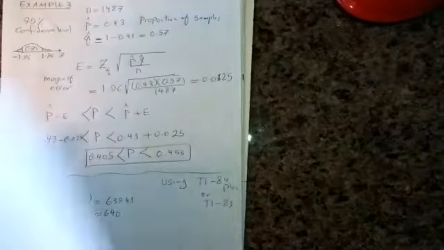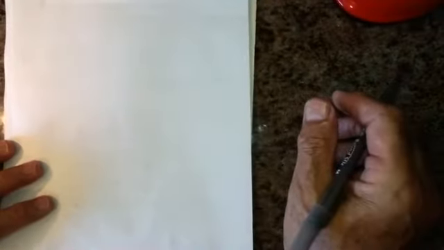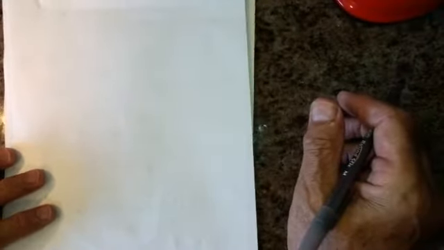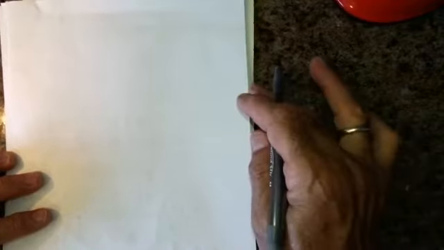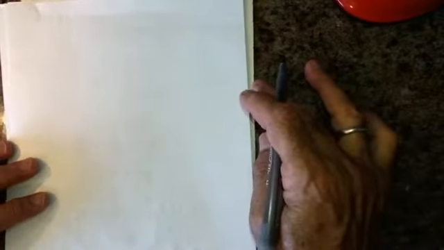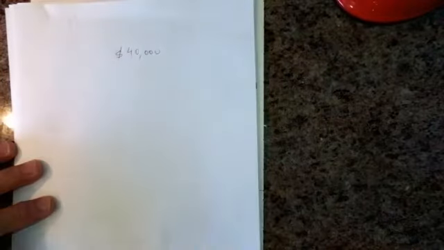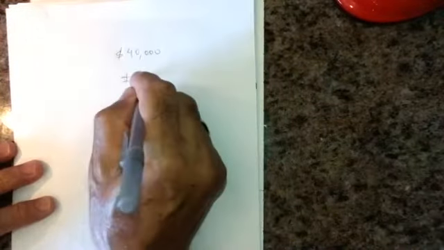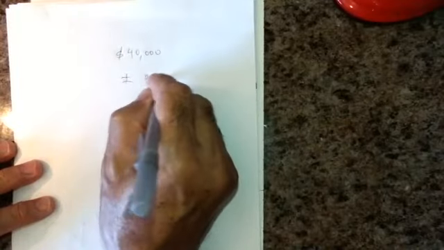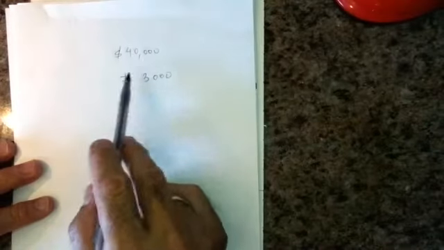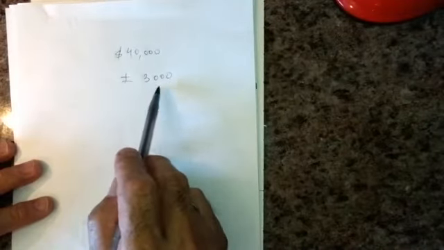You know, in real life, let's say you apply for a position and they give you an offer for that particular position, and you want to know what the salary is for that classification. They say the salary is 40,000 plus or minus 3,000. This plus or minus 3,000 is the margin.